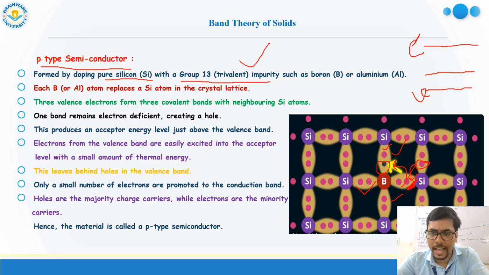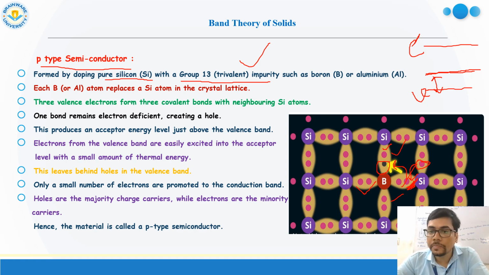So they create an impurity acceptor level over the valence band. So now this energy gap is comparatively low. So electrons can easily move from the valence band to the impurity acceptor level.